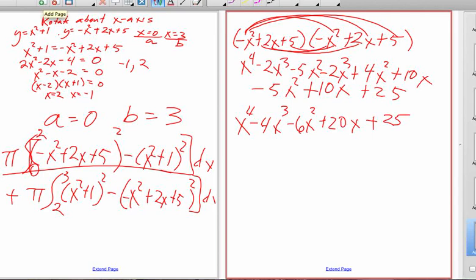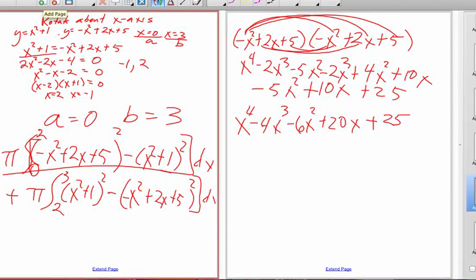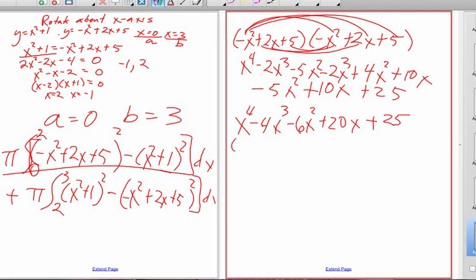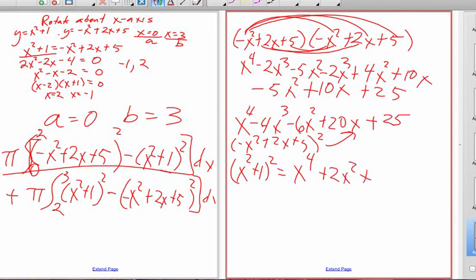And then we have to expand the other term, which is the x squared plus 1. So remember, this was my negative x squared plus 2x plus 5 squared is this thing. And then the x squared plus 1 squared is going to give me x to the 4th plus 2x squared plus 1.